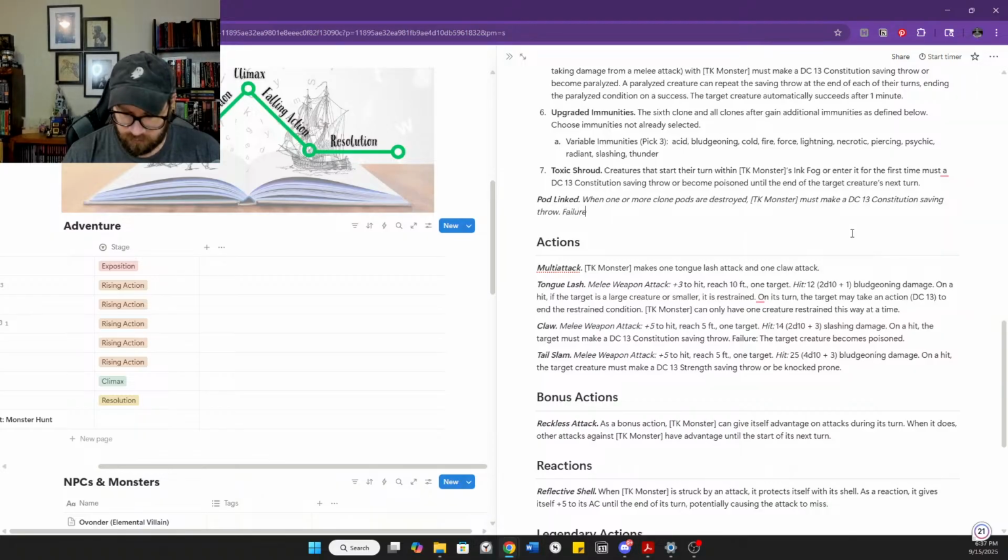On a failure, TK monster becomes disoriented, giving it disadvantage on D20 tests until the end of its next turn.